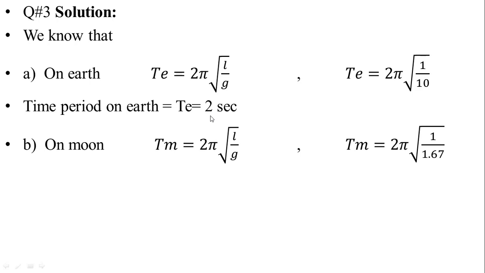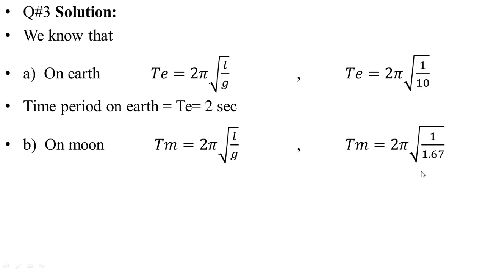Similarly, we can find the value on moon: TM is equal to 2π square root of L over g. Putting the values, TM is equal to 2π square root of, value of L is 1 and value of g is 1.67.